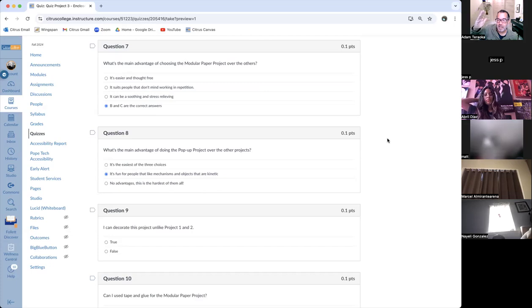I have a colleague at Pasadena who just does pop-ups for 3D design the whole semester, because it's such an appropriate 2D to 3D design project. So that's all they do, and it's kind of interesting.